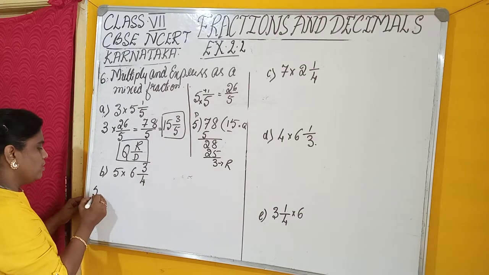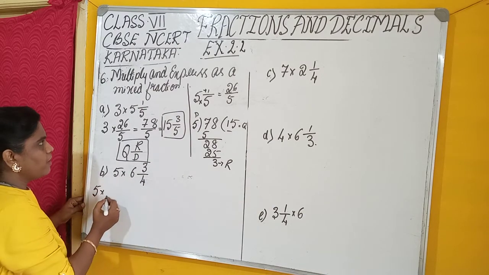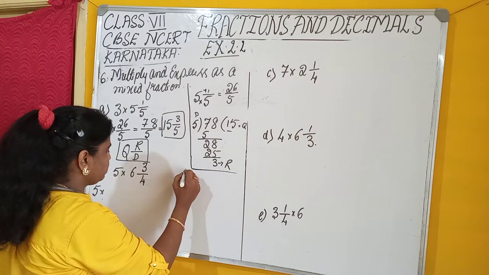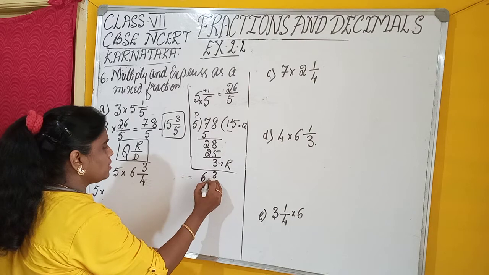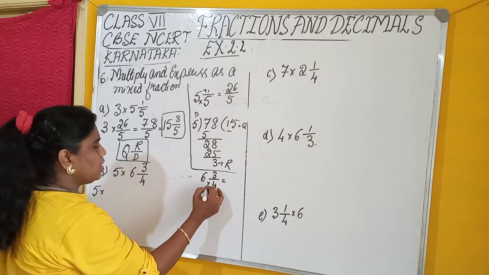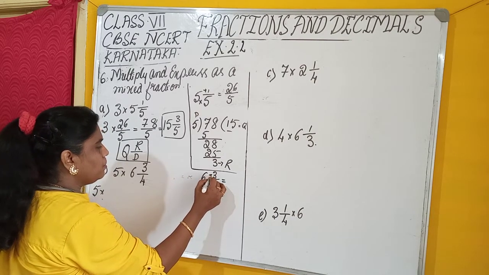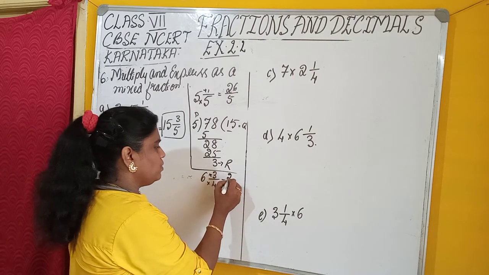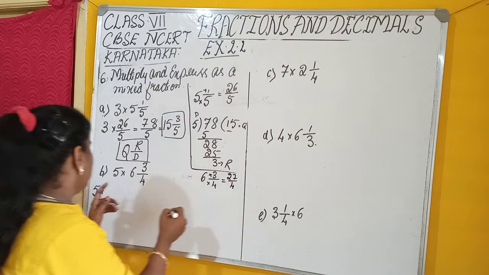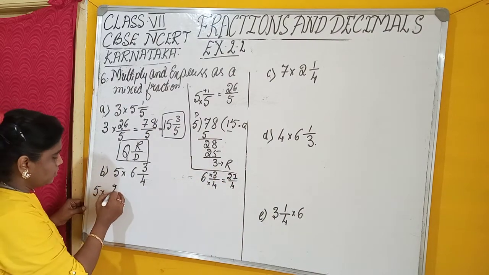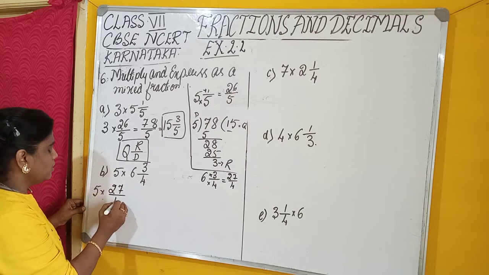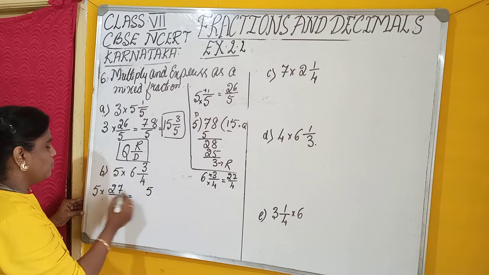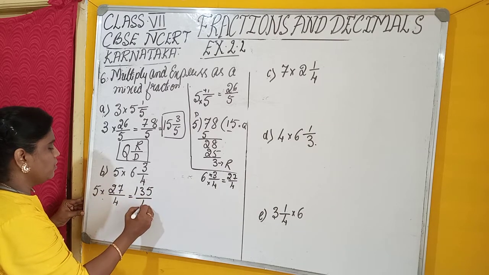Now 5 into 6 3 by 4. Here we can make it easy by converting 6 3 by 4: 6 4s are 24 plus 3, otherwise 4 6s are 24 plus 3 is 27 by 4. Here we have to multiply 5 with 27 by 4. That is equal to 7 5s are 35, 5 2s are 10, 135 by 4.